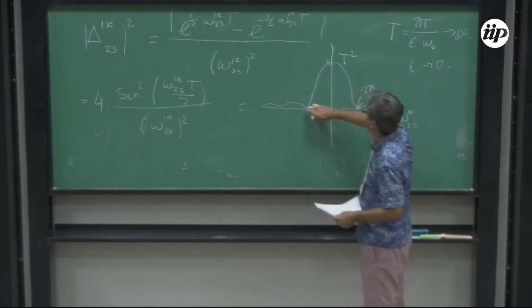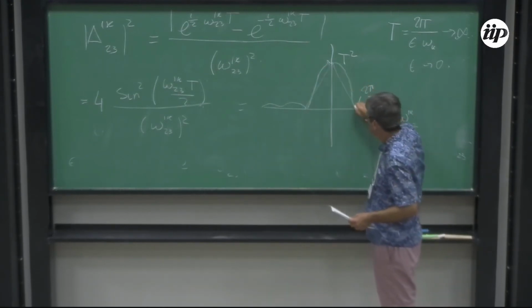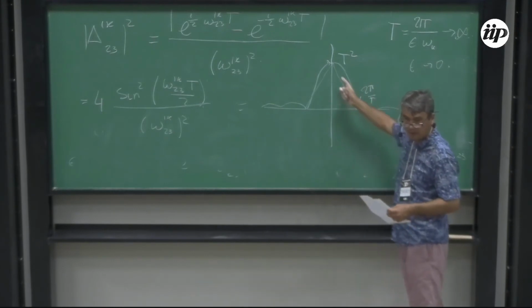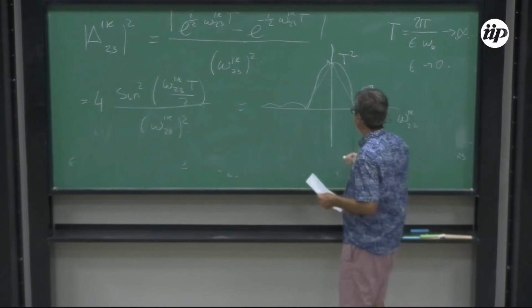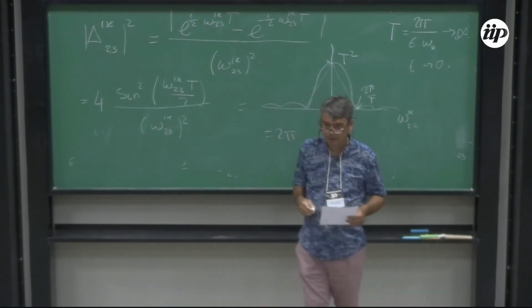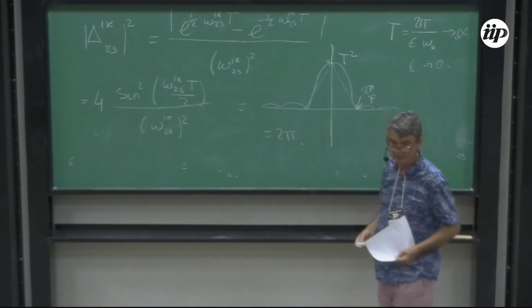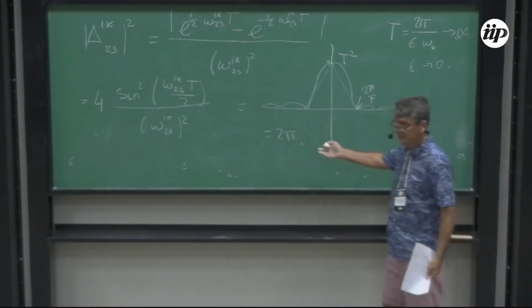Let's replace that with a triangle like this. What's the area of this triangle? Multiply this by that, and that's the area of this triangle, so this is equal to 2 pi. This kind of speculation turns out to give a precise answer.